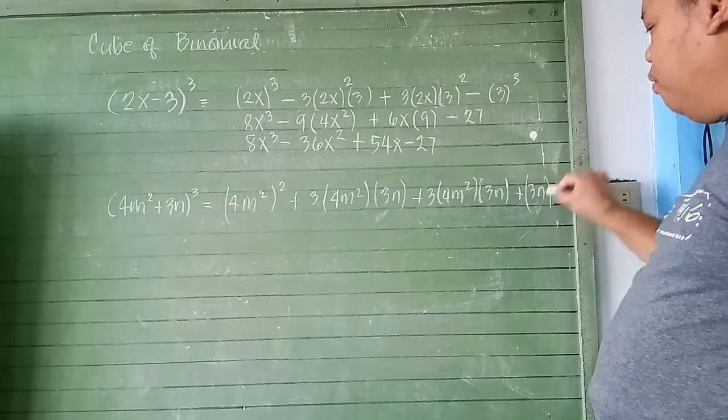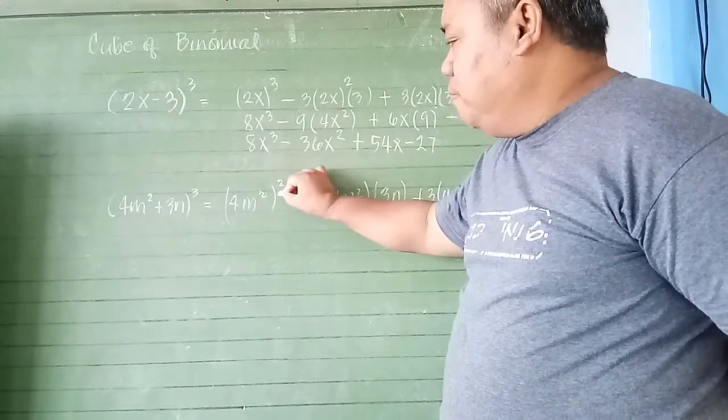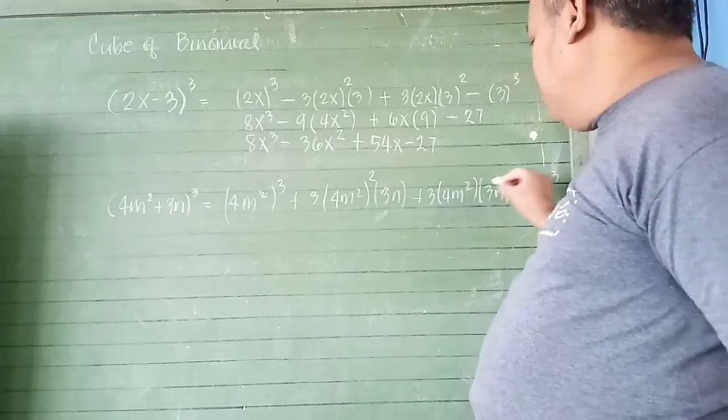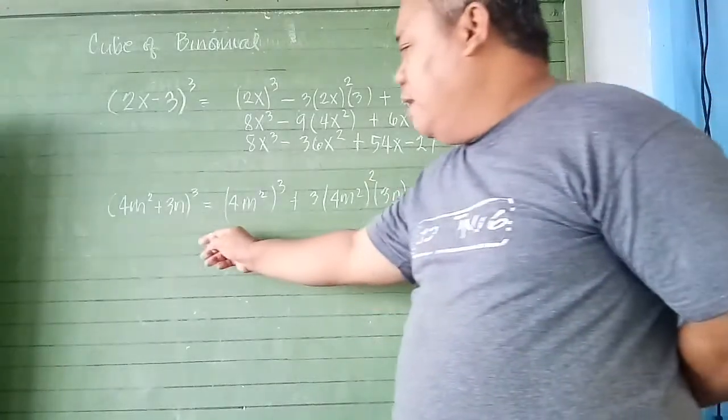Then cube natin yung dulo, cube mo yung first term. Then square mo yung second term. Now, let us simplify.